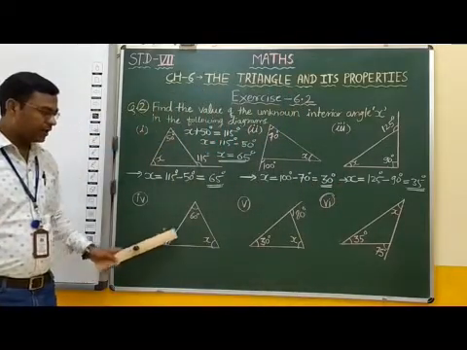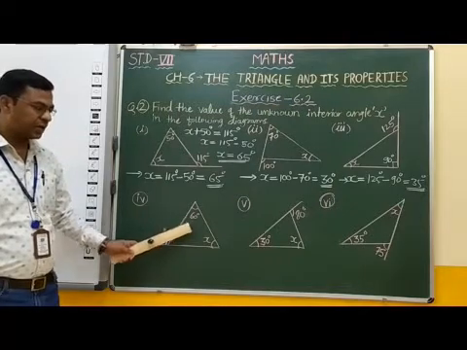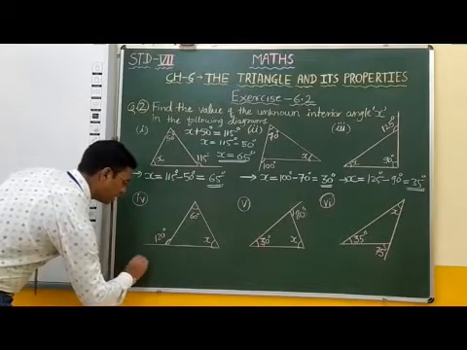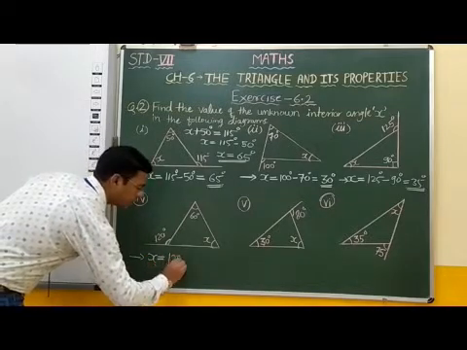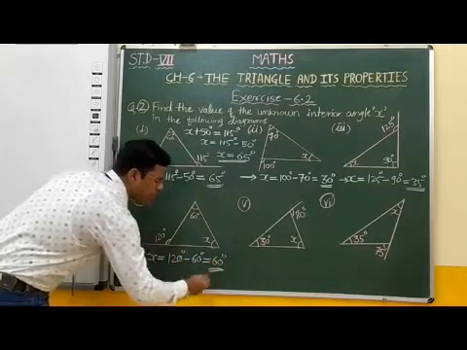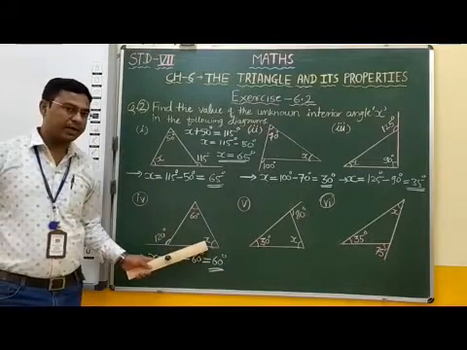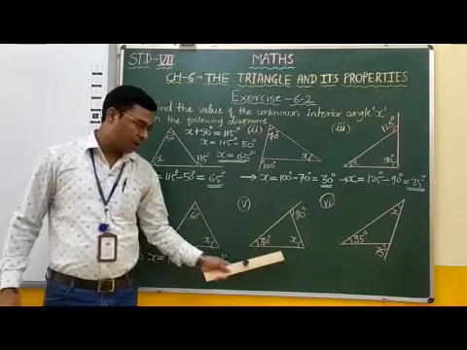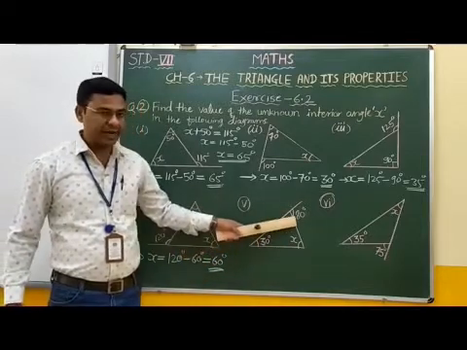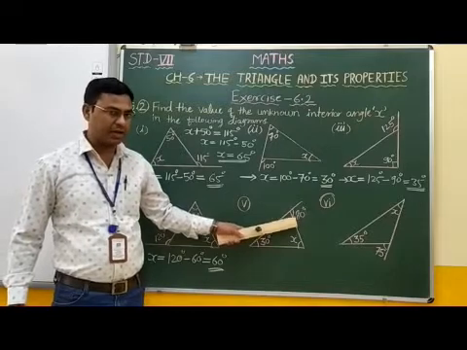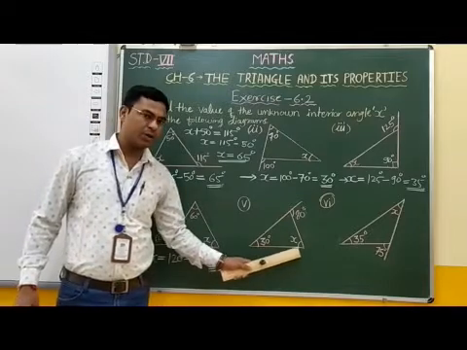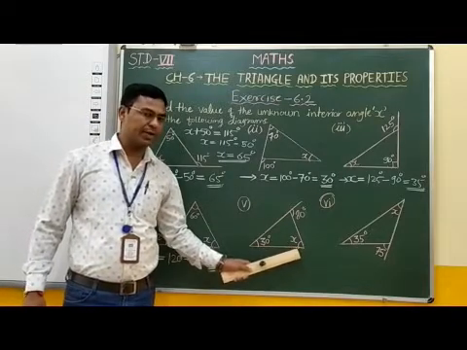Now, in the fourth figure, the exterior angle is 120, the interior opposite angle is 60 degree. Therefore, x is equal to 120 minus 60. Therefore, here x is equal to 120 minus 60 degree, which is equal to 60 degree. Therefore, the measure of this angle x is equal to 60 degree. Now, in the fifth figure, you observe here this 80 degree angle is the exterior angle and this is the interior opposite angle, and we have to find the measure of the second interior opposite angle.